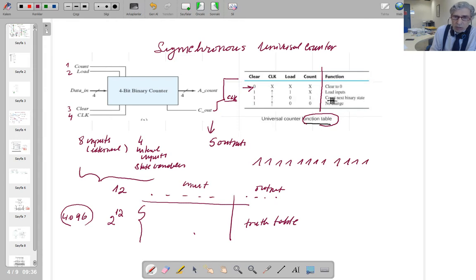In this case, it does the counting: count next binary state. When clear is 1, clock is rising edge, load 0, and count 0, no change. That means no counting. So there are 4 functions done by this synchronous counter. Just 4 lines are enough to represent this truth table as a simple table, which is the function table. So what is inside? Let's come to that.